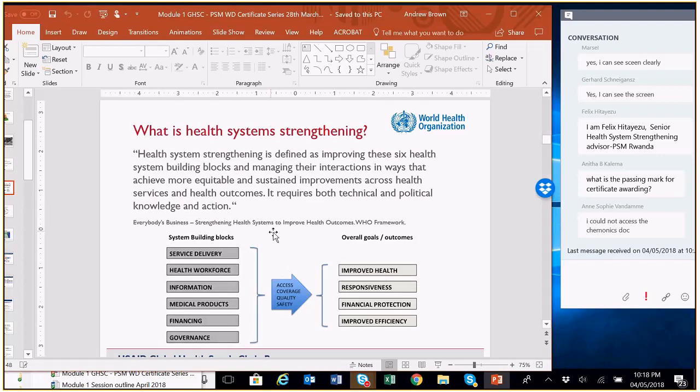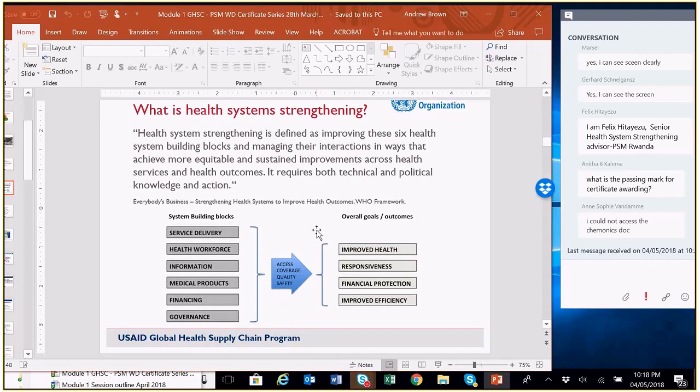Within health systems strengthening, if you've not done any studies around health system strengthening, I'd encourage you to look up this particular reference. The supply chain that we seek to strengthen is only part of a much larger system within healthcare in a particular country. Those countries often are focused on service delivery of clinical services, but the supply chain is really the lifeblood of those services.